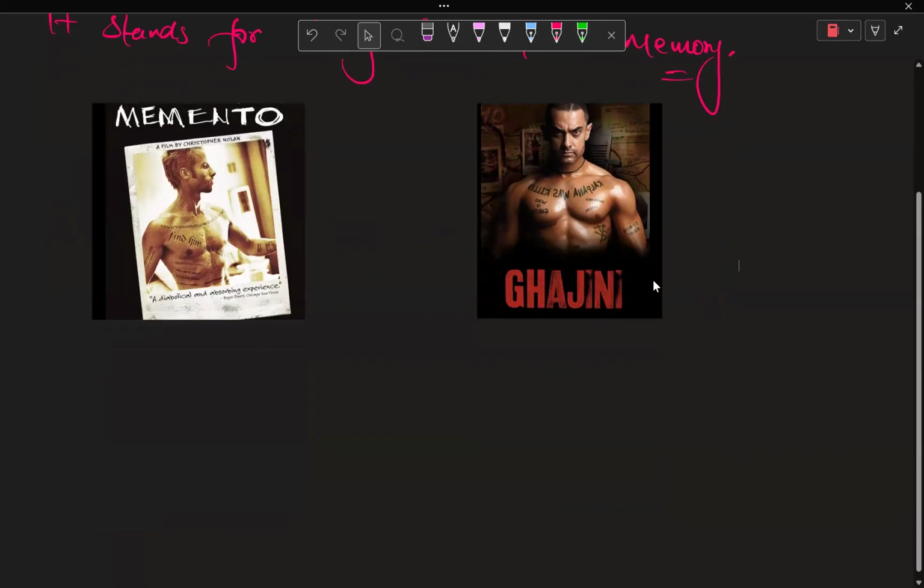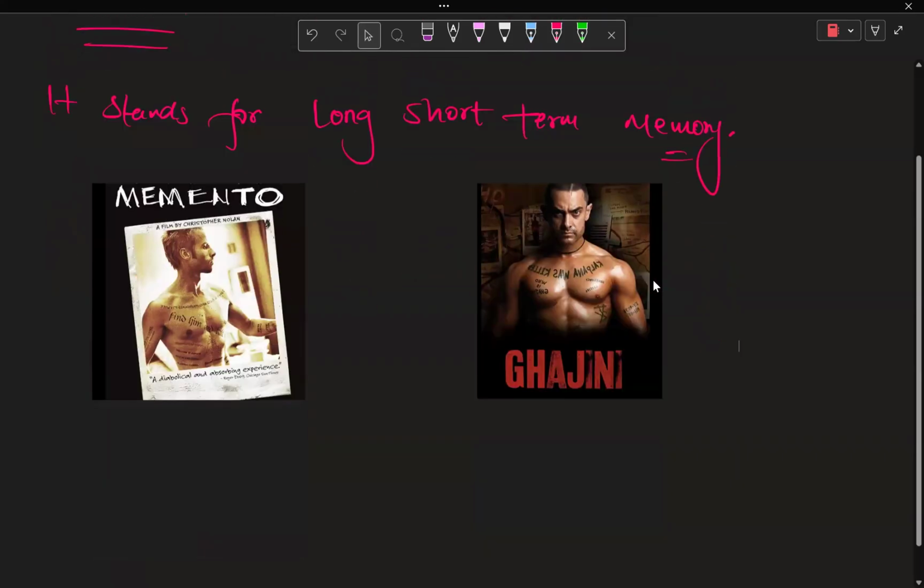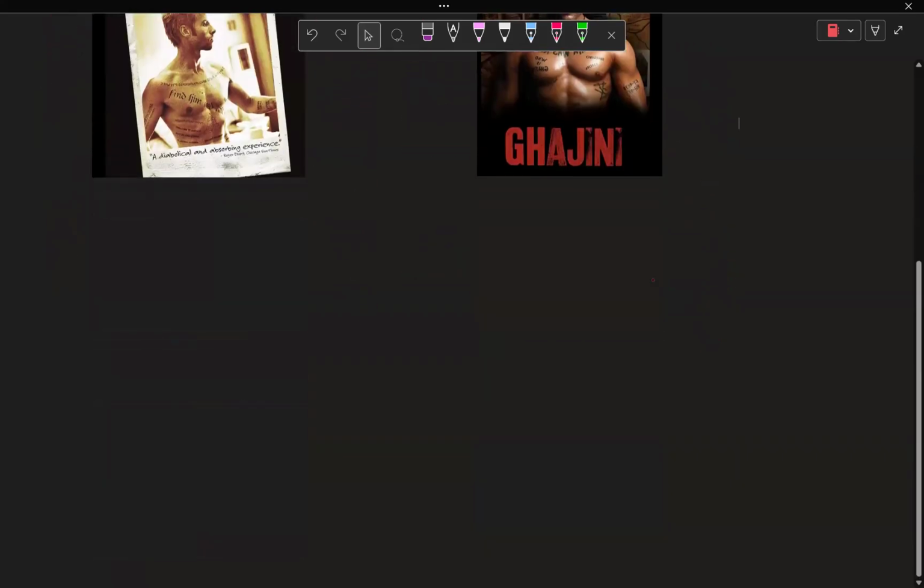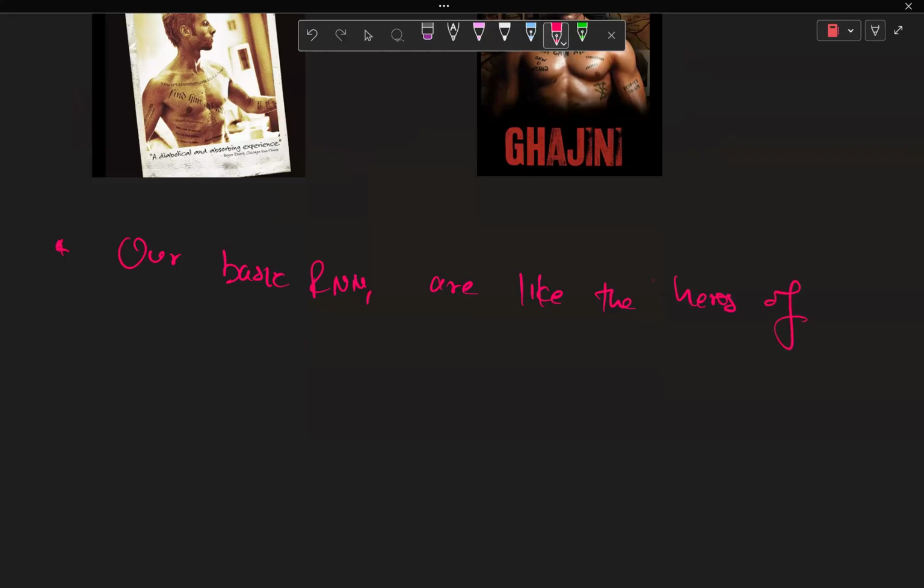So I'll just mention here, it stands for long short term memory. So our basic RNNs are like the heroes of these movies. They suffer from a short term memory problem.